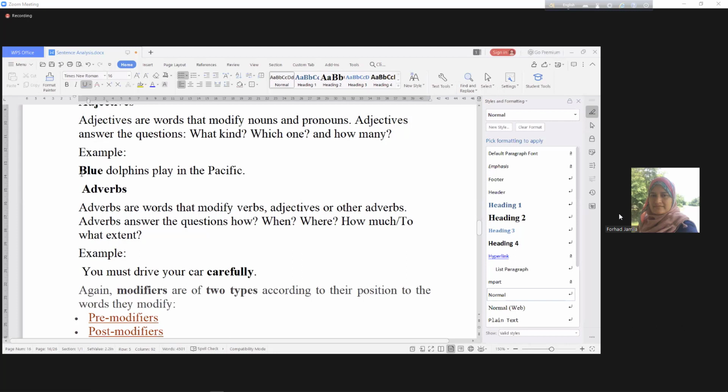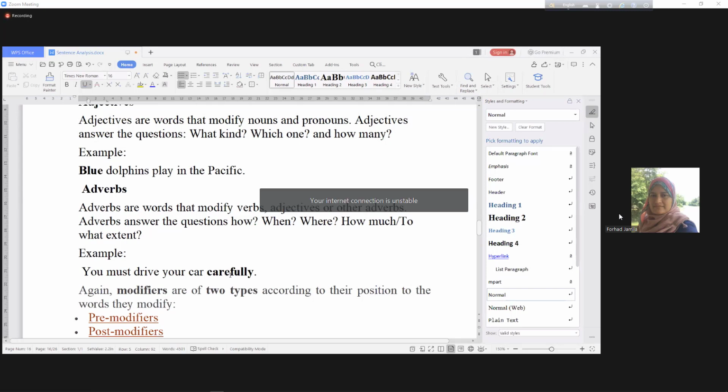The examples are here. Just see, the word blue modifies the word dolphins. So it sits before the word that it modifies. That's why blue is a pre-modifier. If you think about carefully, it modifies the verb drive. So carefully is used after the verb drive.